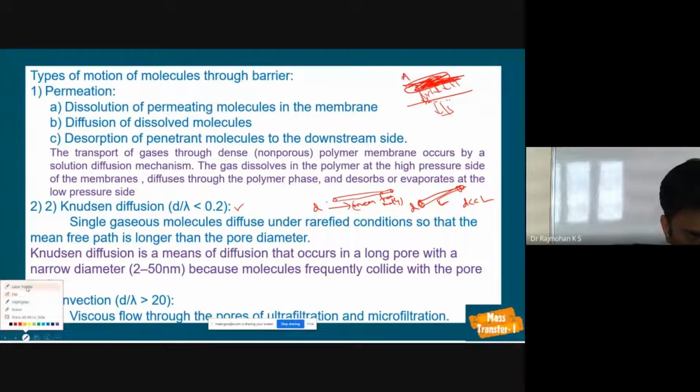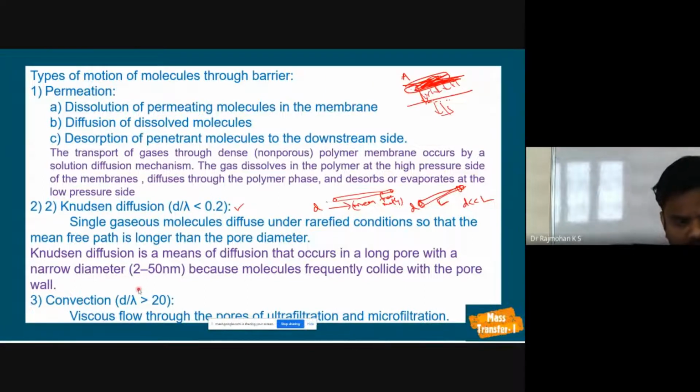Knudsen diffusion is a means of diffusion that occurs in a long pore with a narrow diameter. The diameter is in the range of nanometers, not even millimeters, because here we are considering pores inside a catalyst particle or an adsorbent. In that range, the molecules frequently collide with the pore wall.